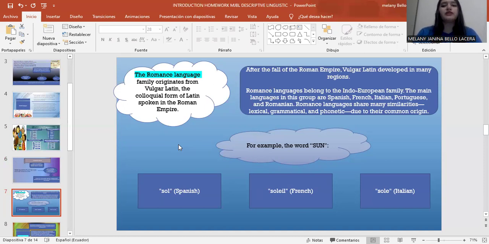The main languages in this group are Spanish, French, Italian, Portuguese, and Romanian. Romance languages share many similarities, lexical, grammatical, and phonetic, due to their common origin. For example, the word sun in Spanish is sol, in French is soleil, and in Italian is sole.